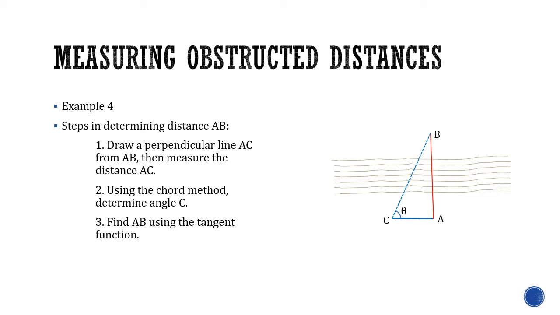Steel tape lang ang gamit mo. So, pwede mong gamitin yung tinatawag natin na chord method. Okay, sa chord method ang gagawin natin is kukunin natin tong distance AC, tapos ipo-project natin in that direction. Okay, dapat kaya mo siyang gawin, no? Okay, so ang gagawin mo ngayon is gagawa ka ng tinatawag natin na chord. Okay, so ito yung chord class.